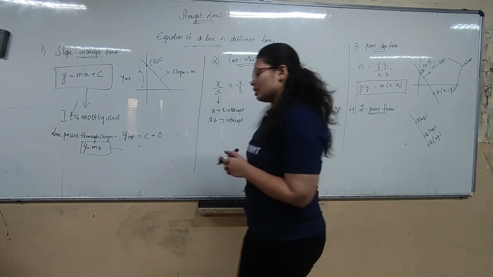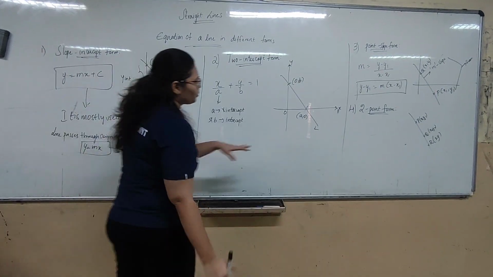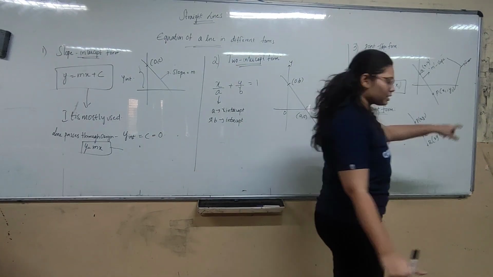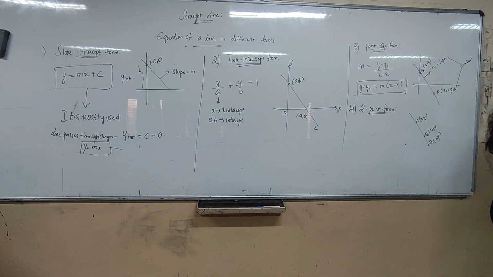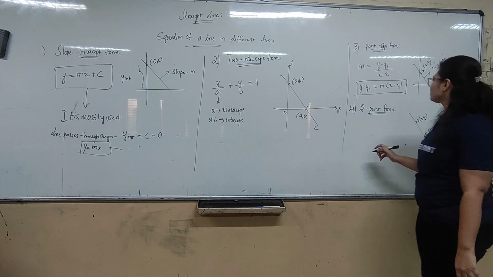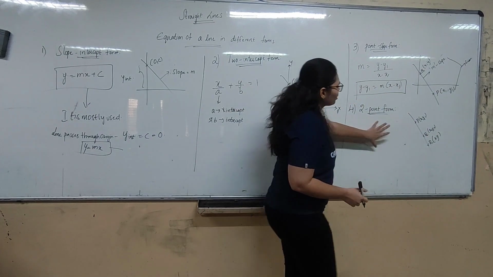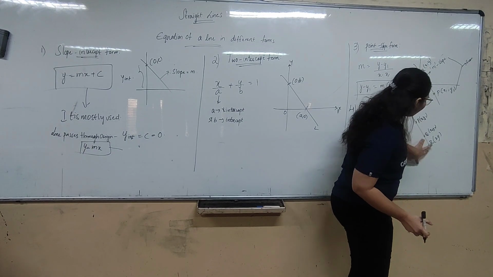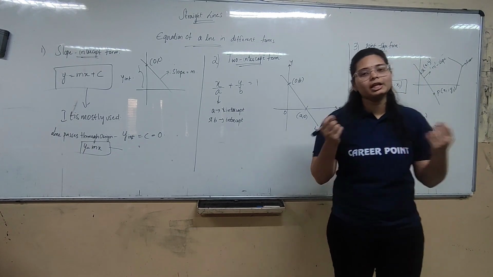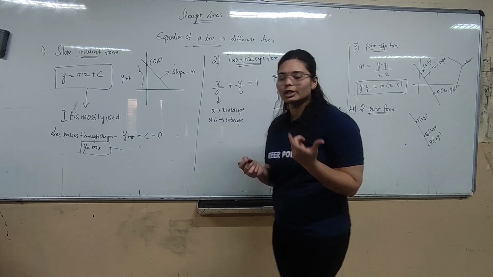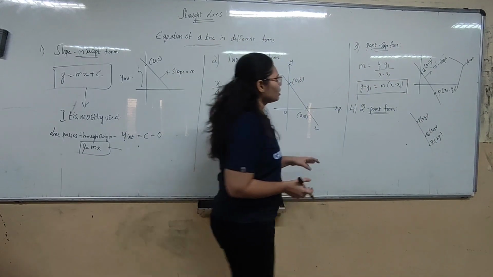So they have given a line passing through 2 points, that is P (x1, y1) and Q (x2, y2). So how do we write the line equation? Let's see. In a line, for any 2 points the slope will be the same constant, right?